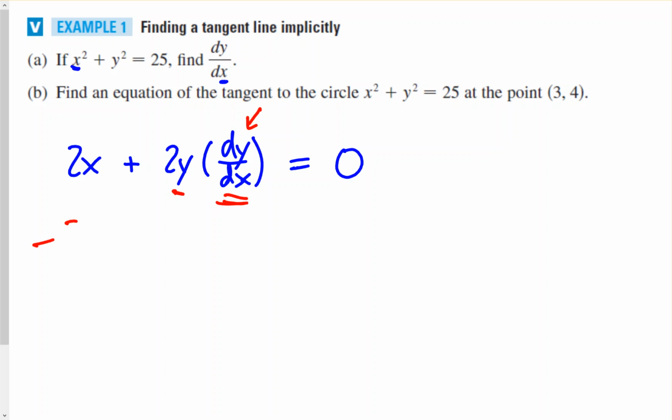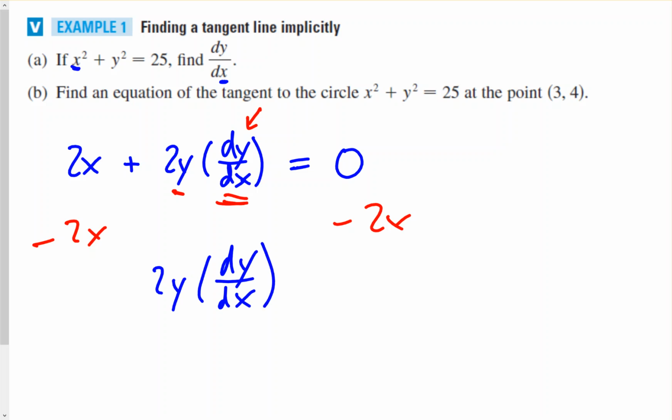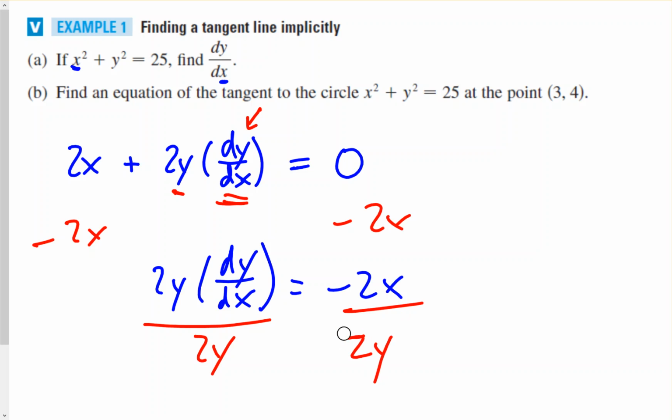Now we're going to try to solve for dy dx. First we can subtract 2x from both sides. So we'll have 2y dy dx equals negative 2x. Next we could divide by 2y. And then we can simplify.